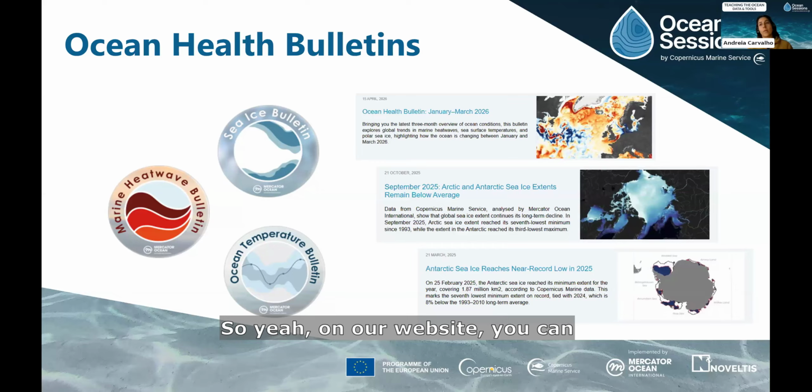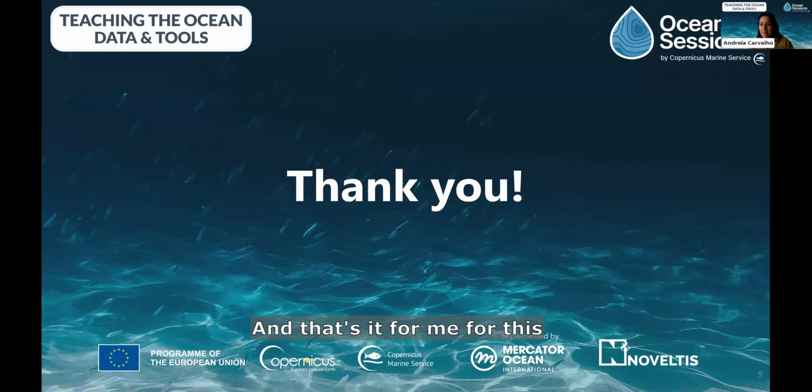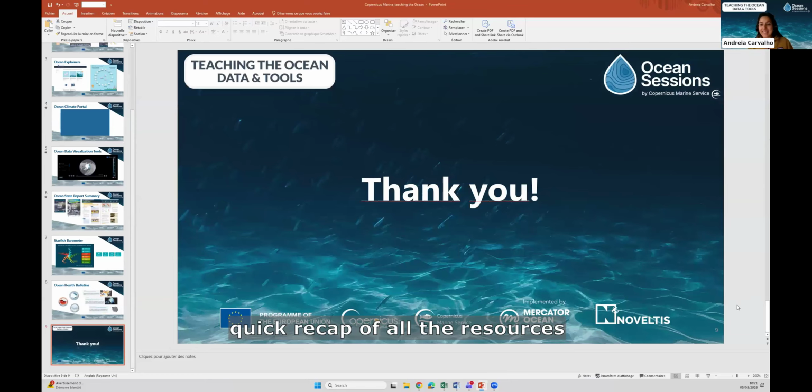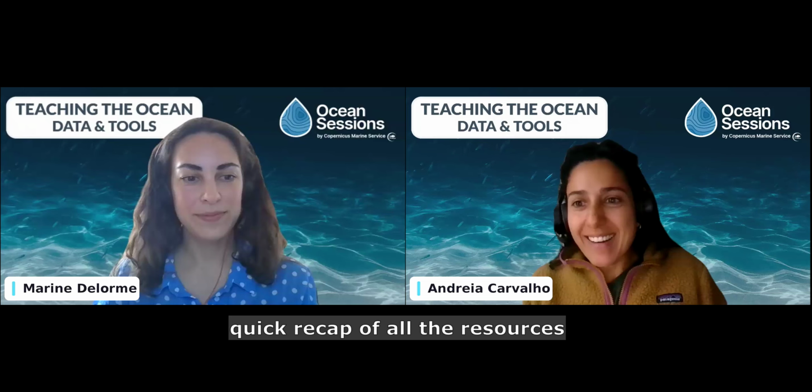So on our website, you can also find a section on the ocean health bulletins, providing this synthesis. So more knowledge, more information, and key numbers you can find over there. And that's it for me for this quick recap of all the resources you can find online.